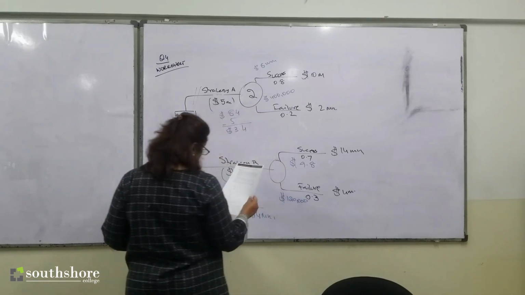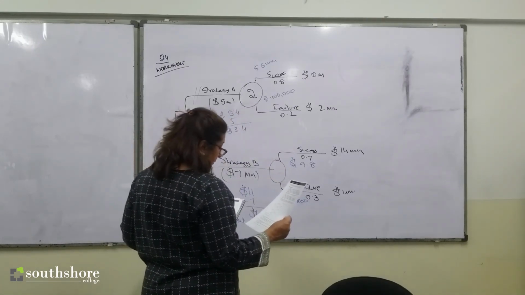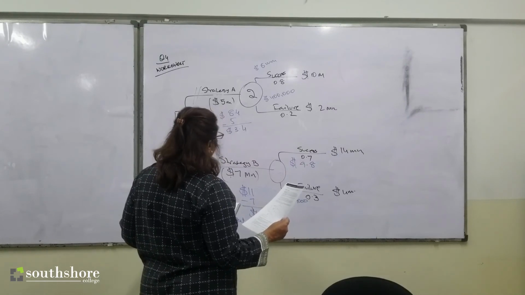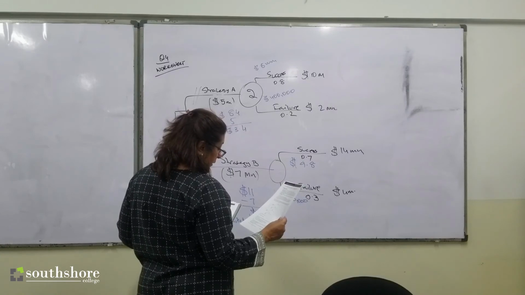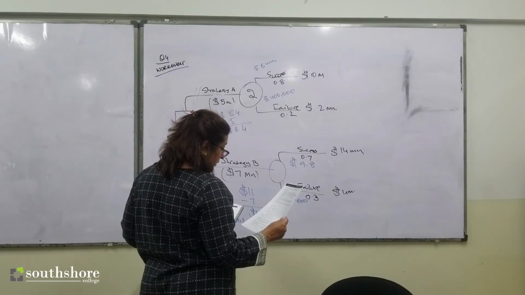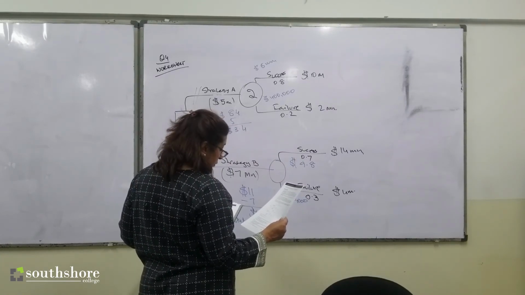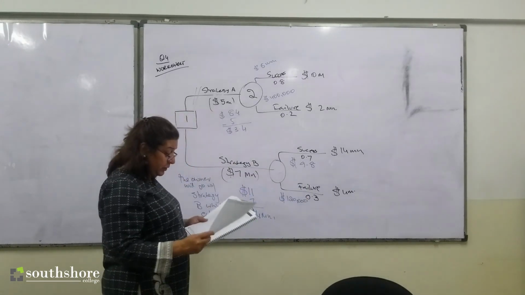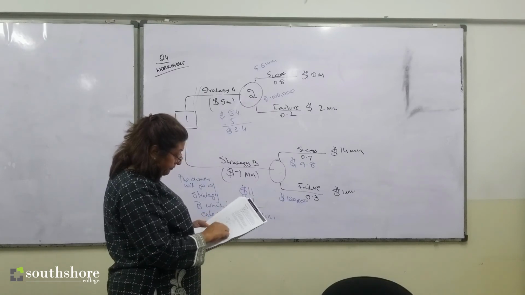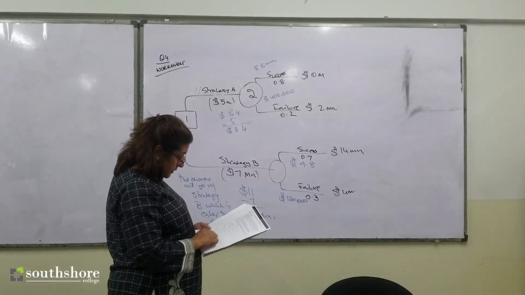This is 3.4. They have made a mistake in the book. 14 times 0.6. We have 0.7 and 0.3. They made a mistake in the answer sheet at the back. Okay, I'm correct. They will go with strategy B. They made a mistake in their calculation.